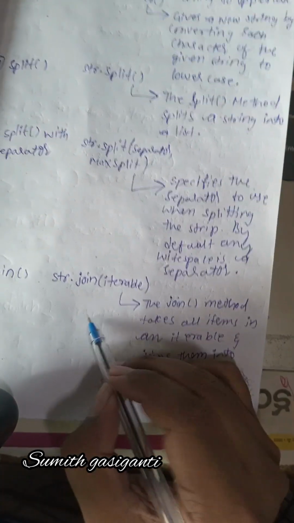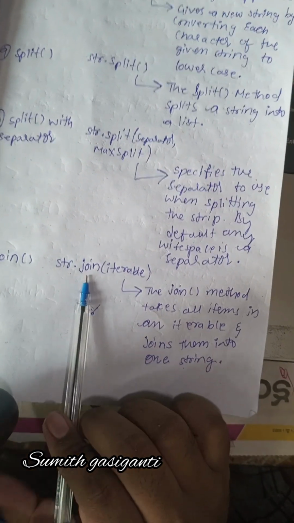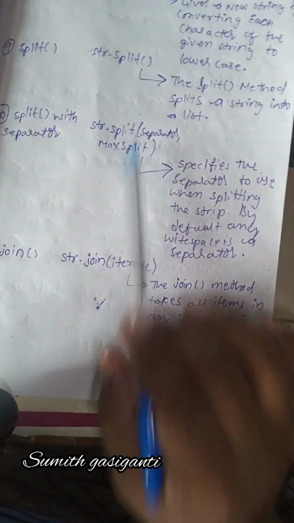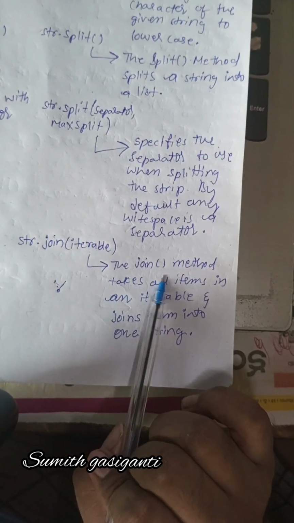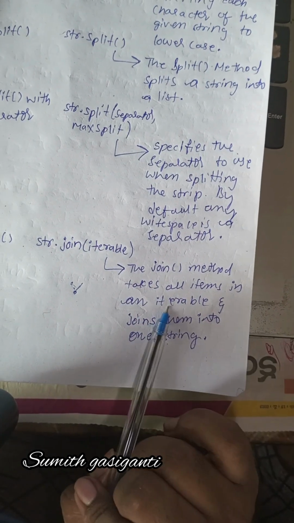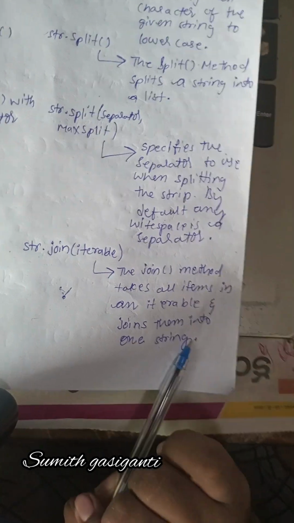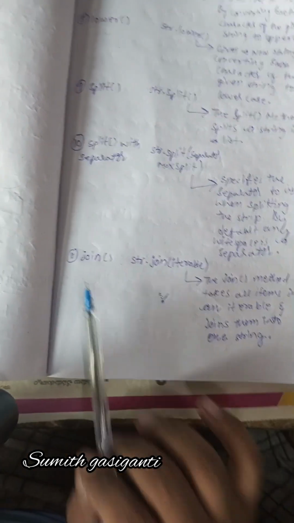So two strings will be joined by this join method. This is about the join method, one of the string methods.